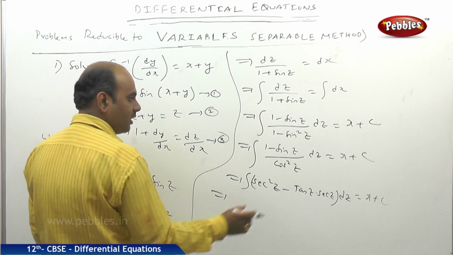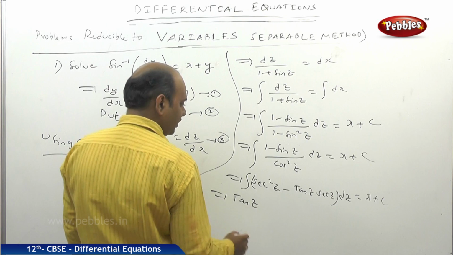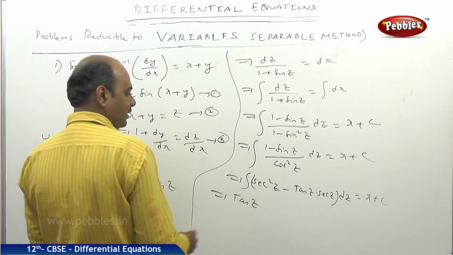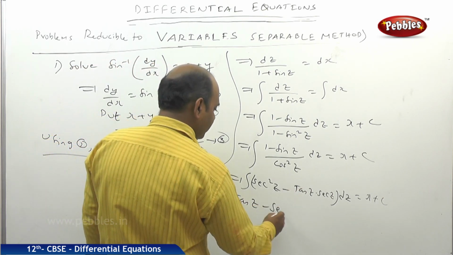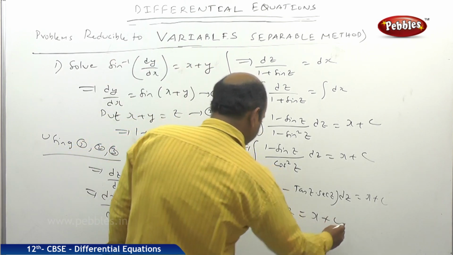Now I can integrate individually. The integral of secant square z is tan z, and the integral of secant z tan z is secant z, equal to x plus c.